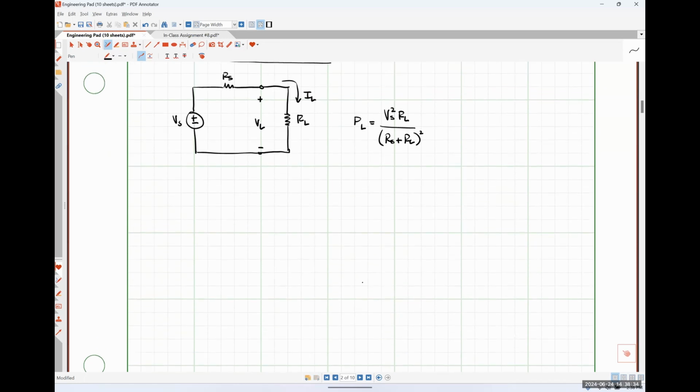So if VS and RS are a constant value, we could actually plot the power delivered to our load resistance as a function of our load resistance, and it would look something like this. So here's PL measured in watts, and this axis is going to be RL measured in ohms.